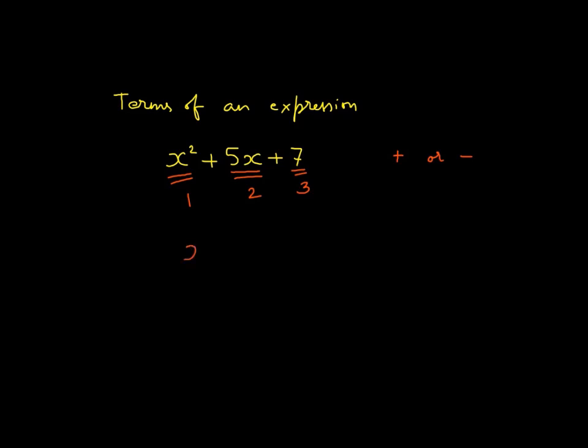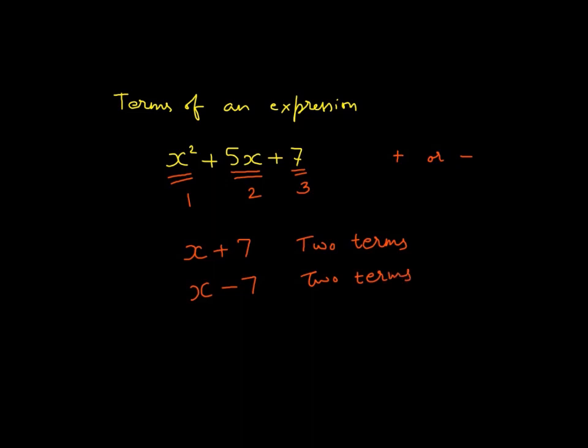If I take two variables, a variable and a constant as x and 7, if I'm putting a sign of plus between these two, I will get two terms. Or if I put a sign of minus between these two, again I'll get two terms.